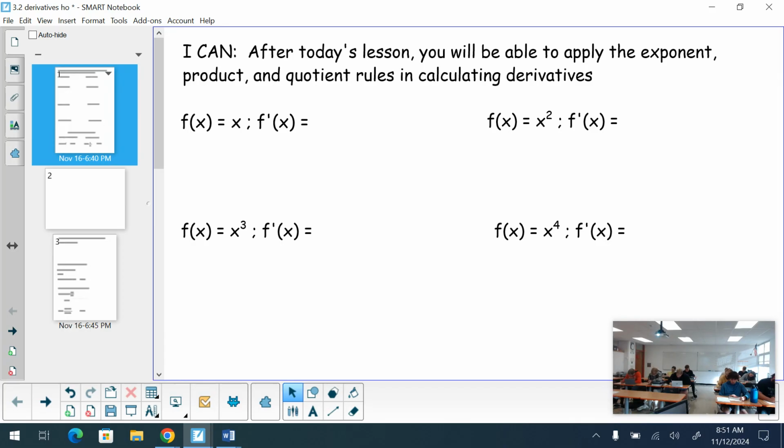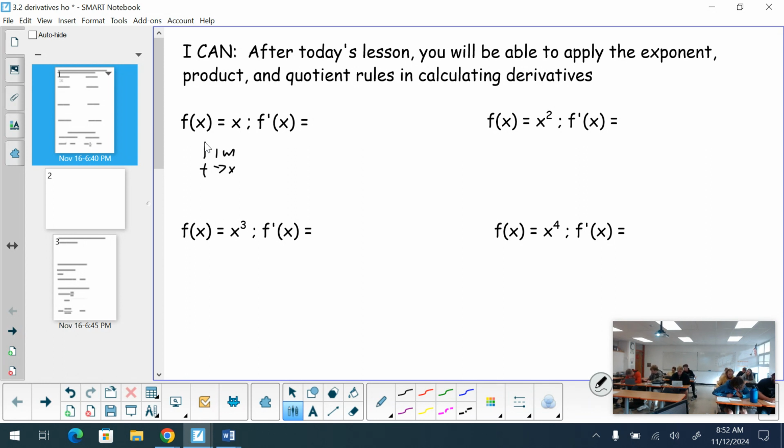You can use, once again, the limit as t is approaching x, or you can use the limit as h approaches 0. I will probably utilize t approaching x as I go through this.